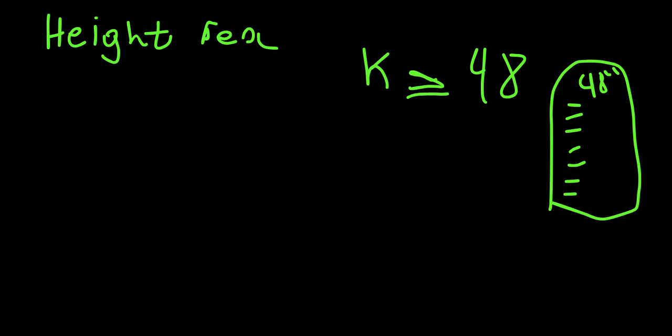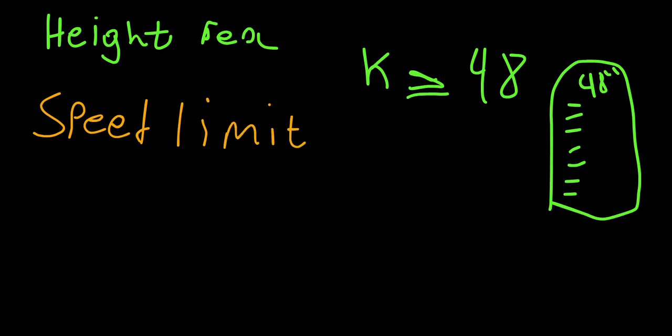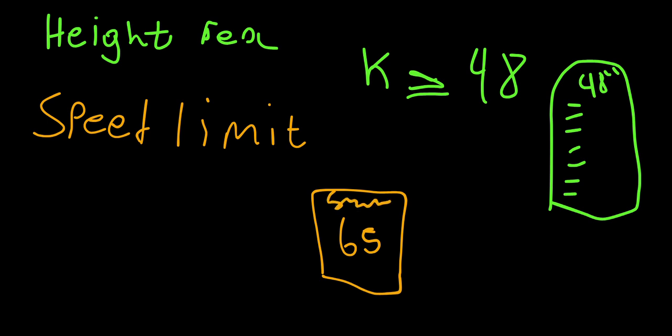So that's saying if you're above 48, you don't have to be exactly 48. If you're 49 inches, well, welcome aboard. Let's take off. And you'll also see a real life requirement with speed limits. You'll be driving down the road and you'll see a sign that says speed limit 65.